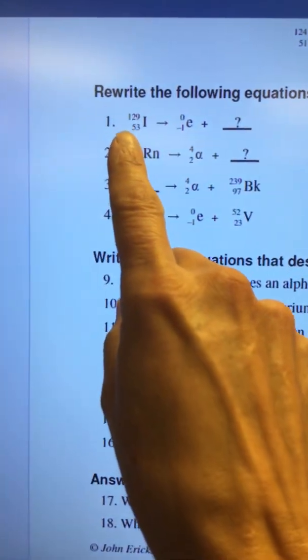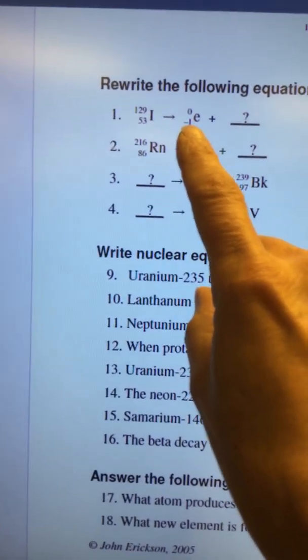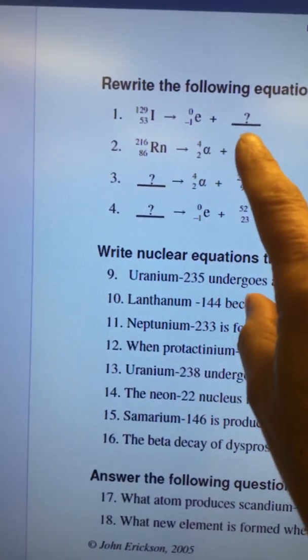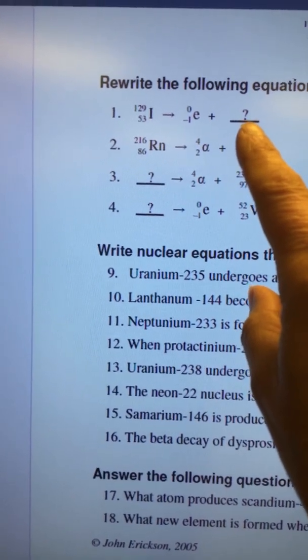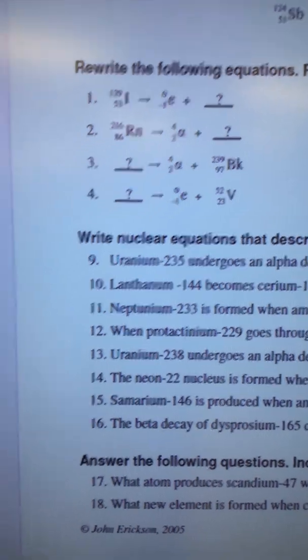So we started with 53. When you come over here to do the bottom number, you say -1 plus what gives me 53. I hope you're saying 54 because that's correct. So you write your 54 in there in the bottom.